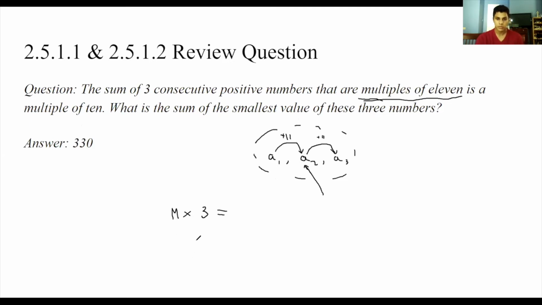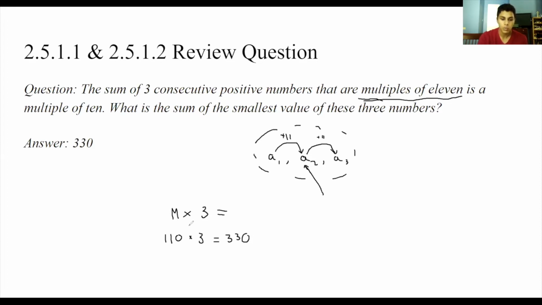And I'm going to go through this a little bit, and if you don't get where I'm coming from, I promise I'll explain it. So the correct answer to the smallest value of A2 is 110. If I multiply that by 3, which is going to be the sum of these three numbers, that gets me 330.